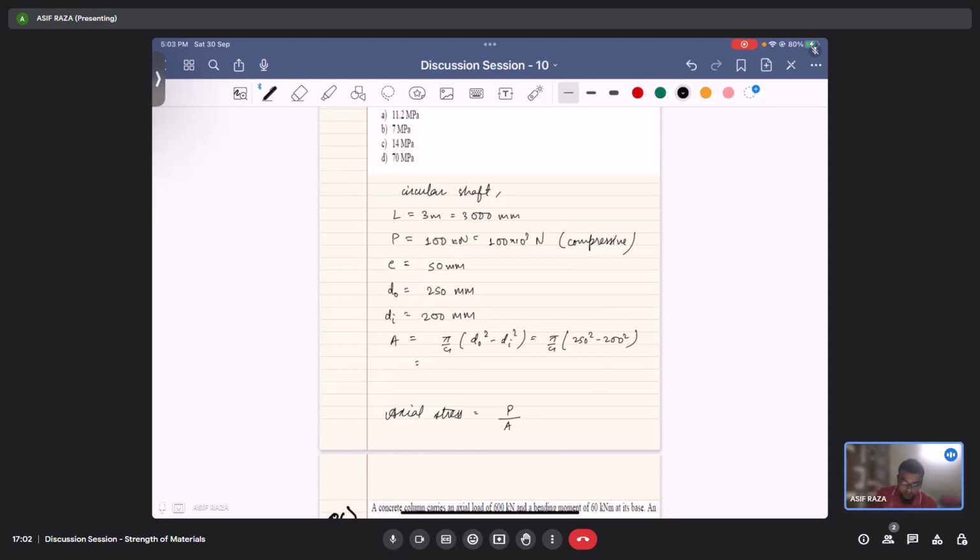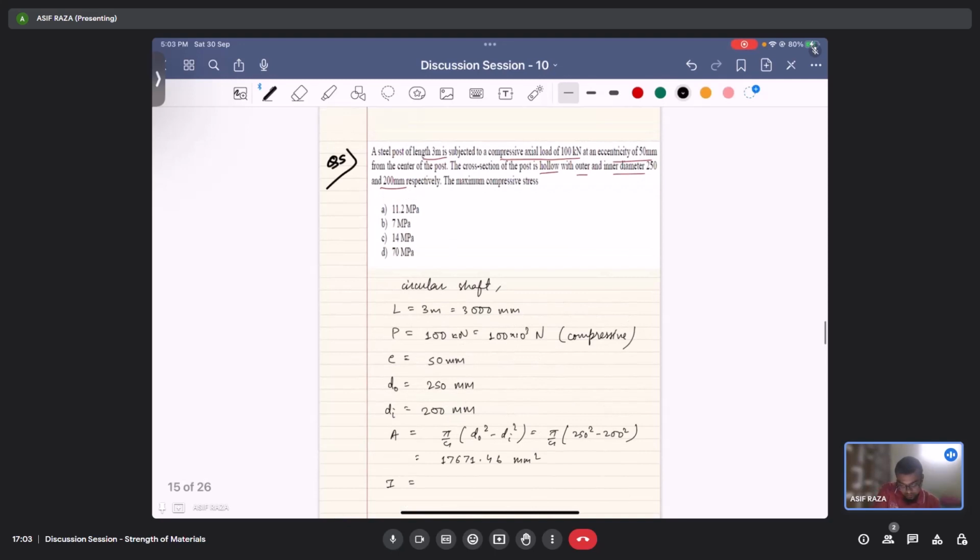This comes out to be 17671.46 mm square.